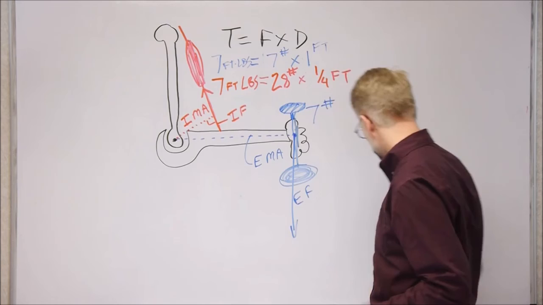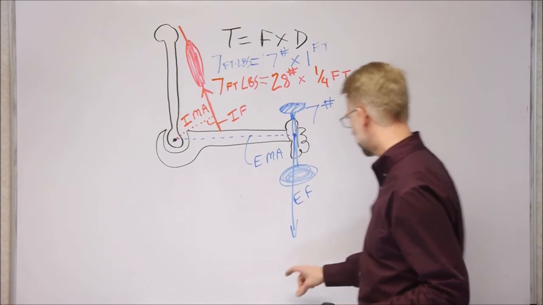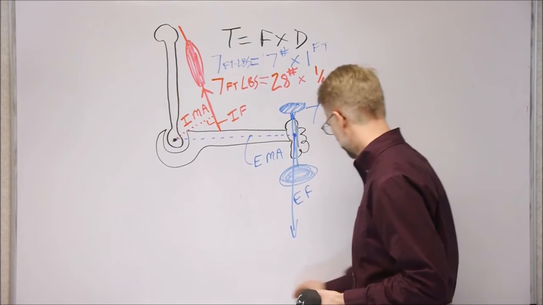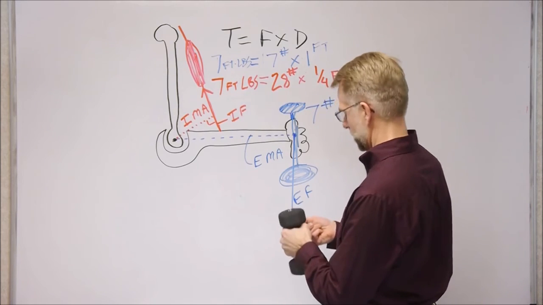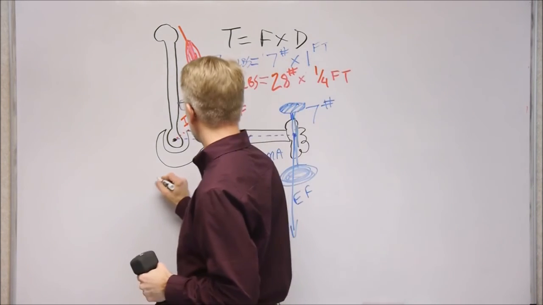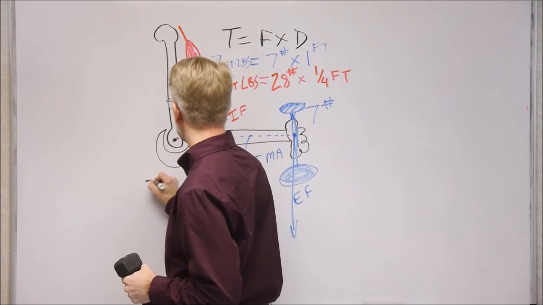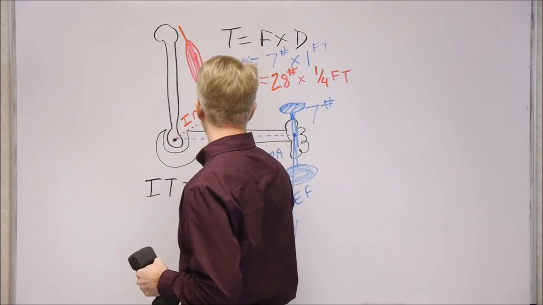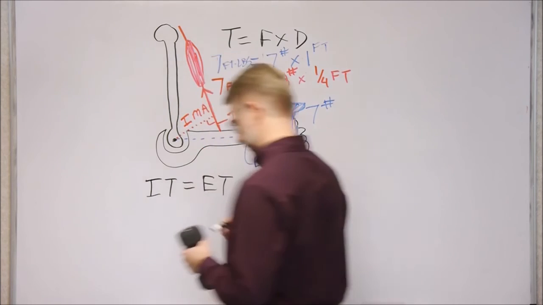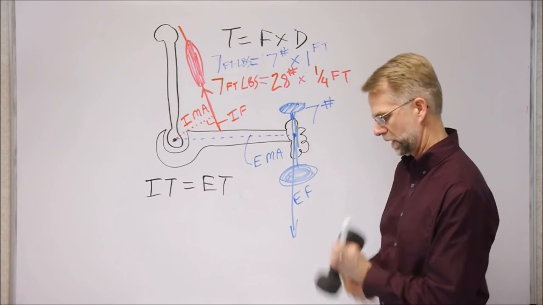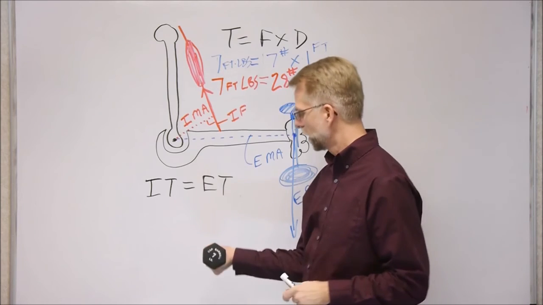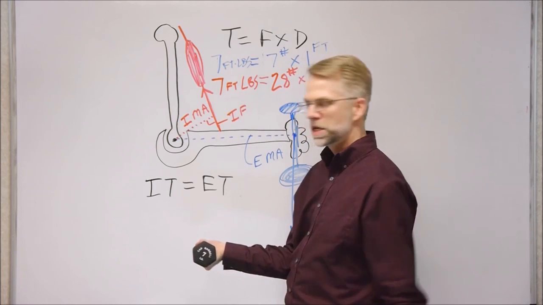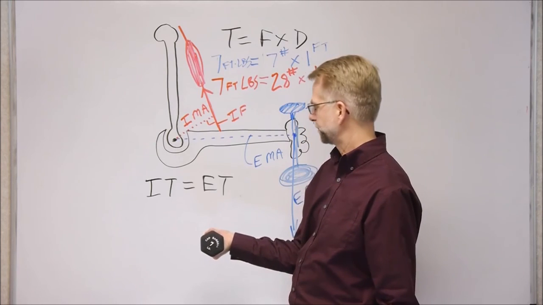So just to relate those then to other concepts that we have learned in terms of muscle contractions, okay? When your internal torque is equal to the external torque, so for example, I have my 7-pound weight here, if my internal torque is equal to my external torque, the weight just stays there and it doesn't move.